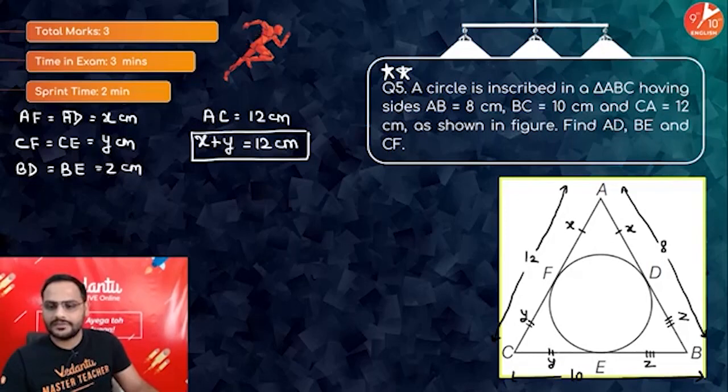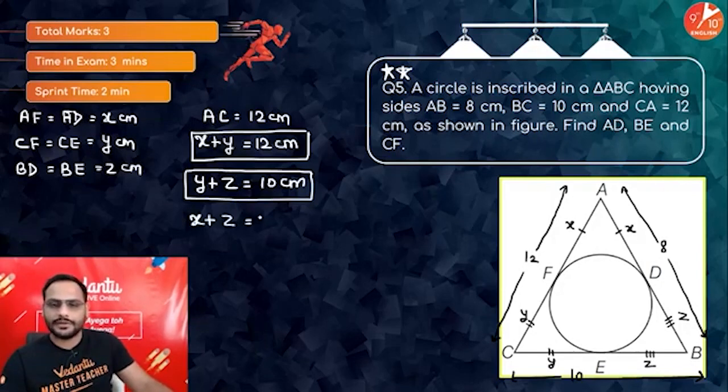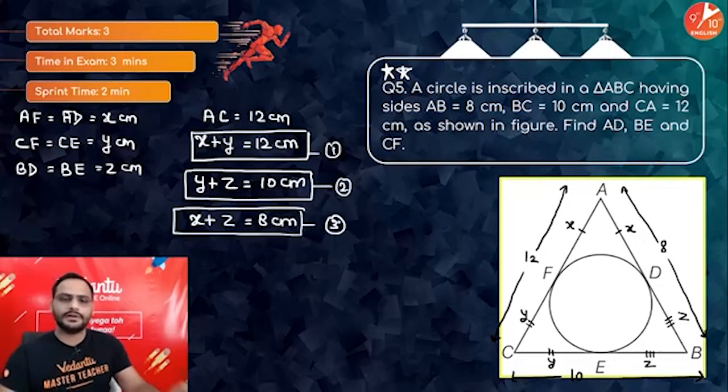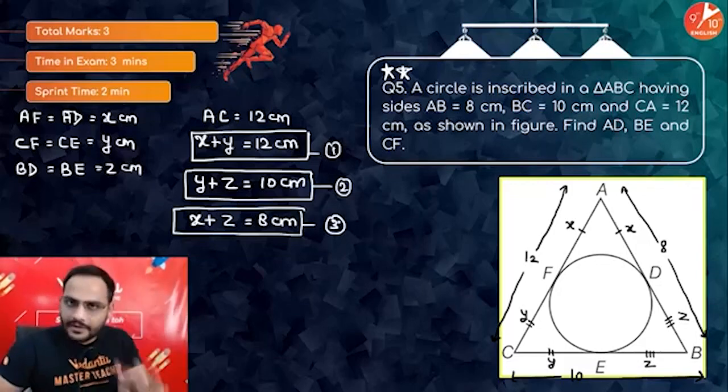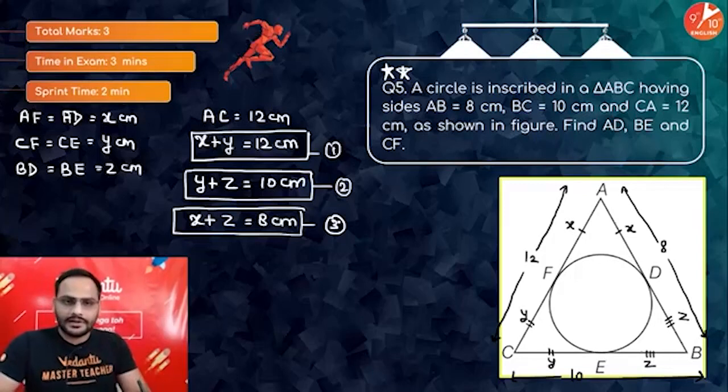Then I can say BC, Y plus Z will be 10 centimeters, and then I can say X plus Z will be equal to 8 centimeters. These are your 3 equations, equation 1, equation 2, equation 3. Understand the method. 3 equations you have, 3 variables you have, it can be solved very easily. You can get the answer.